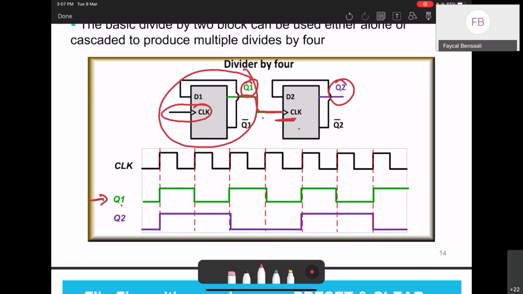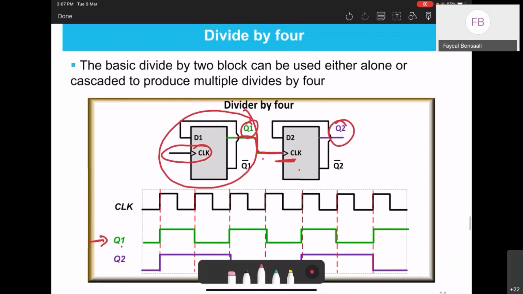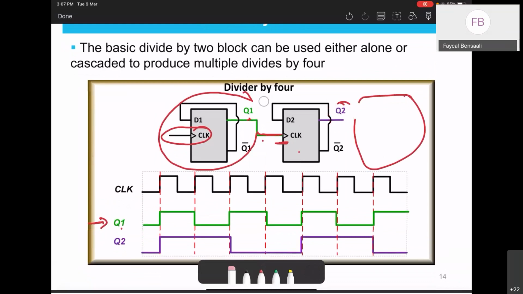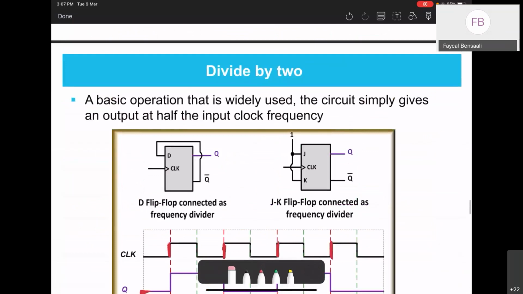If you understand the first one, I can divide, so this is dividing by 4. If I add another one here, I will divide by 8. If I add another one, I will divide by 16, and so on. And of course, I can do this with the JK flip-flop as well, so I can add another JK here.